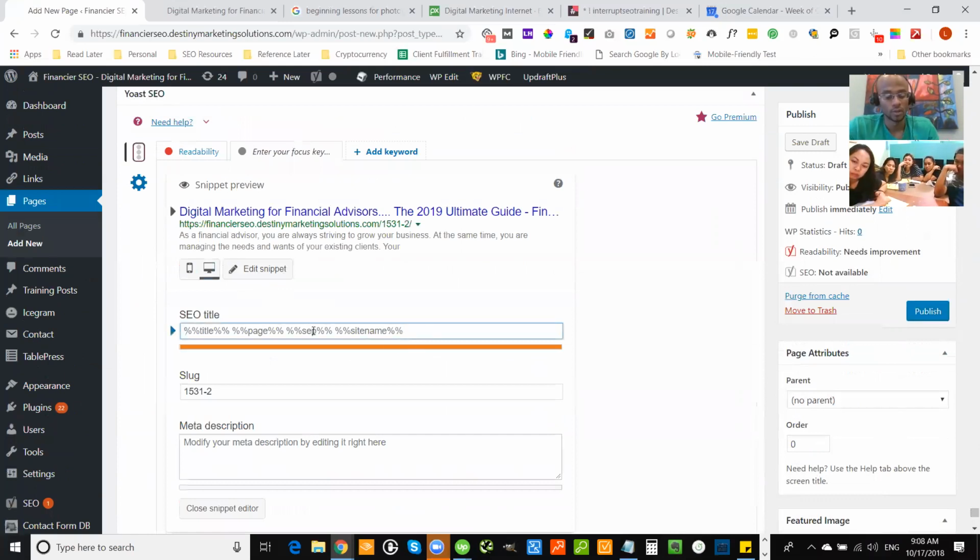So our target keyword was digital marketing for financial advisors. And then I like to use a pipe symbol. Some people like to use hyphens. It just depends on whichever looks better for you.